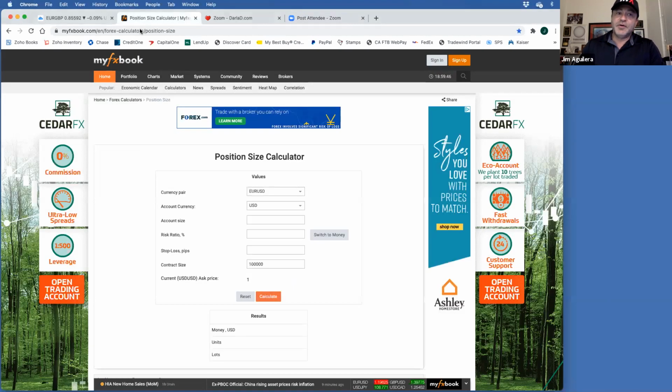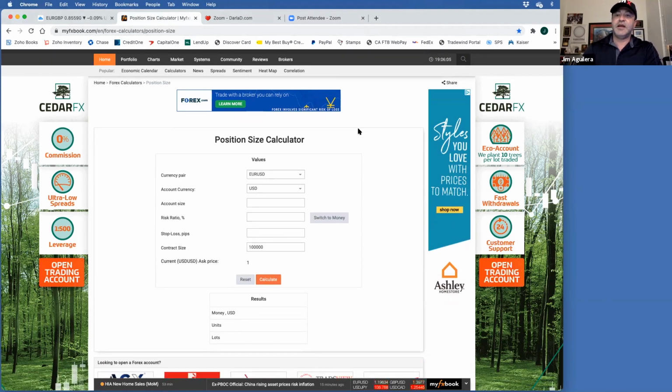Okay, so I posted this website inside of our Facebook group. You guys can copy and save that to a notepad on your phone or in the browser favorites of your computer. Basically, this is a calculator that helps you calculate the proper lot size that you want to use for your Forex trades.